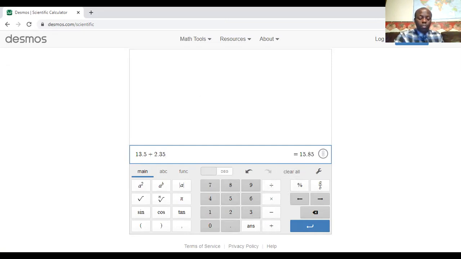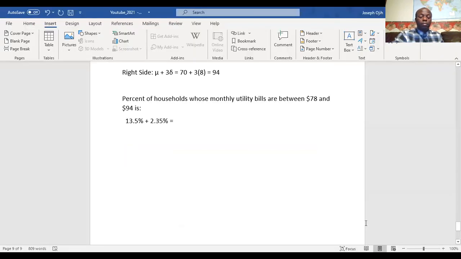So that'll be 15.85%. So now we haven't answered the question yet.